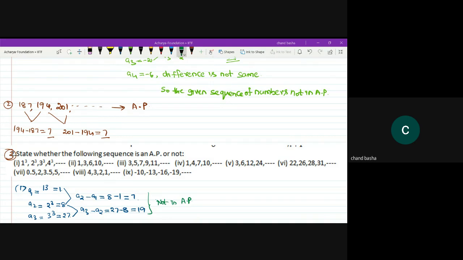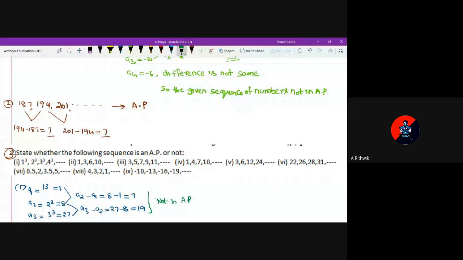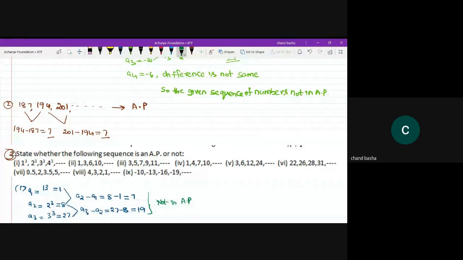Sarandeep, I think you have completed all the questions. Hema is also very good. Okay, Shashanka. Ritvik, what about the second one? Sir, the second one is not in arithmetic progression. So can I write no?